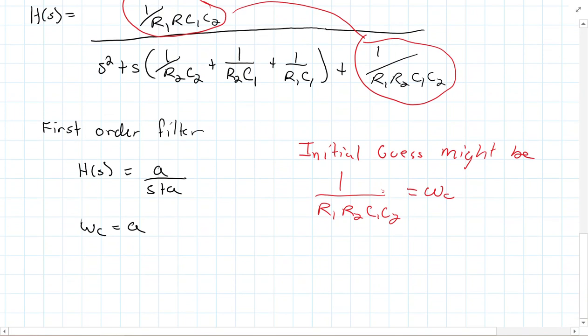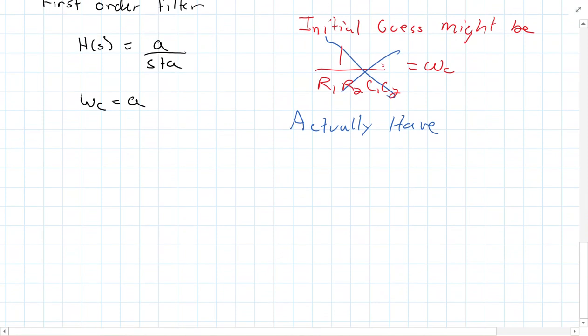But wait, we've got a second order filter here, so we have two poles. So we are close, but because we have two poles, this is wrong, but the actual answer is not that, it's not too far off.